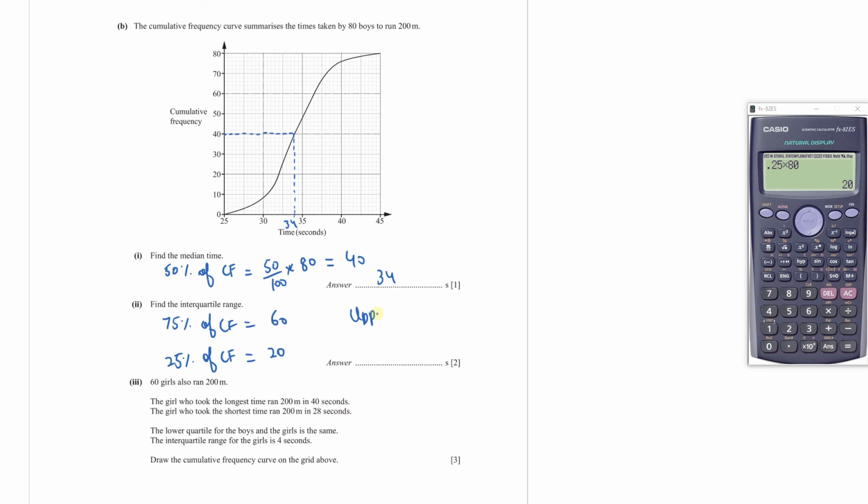So upper quartile will be what? What's the value when cumulative frequency is 60? It's this one here.